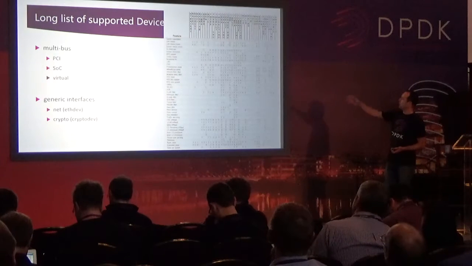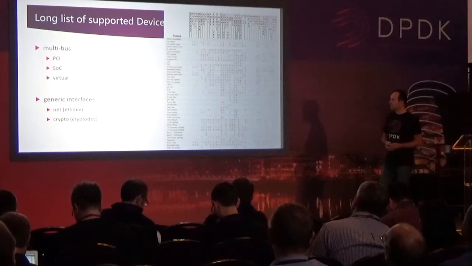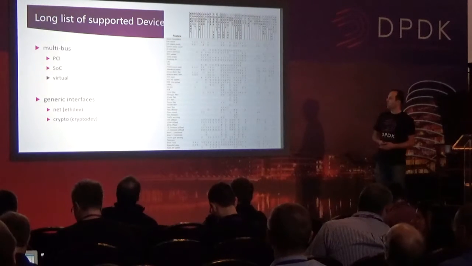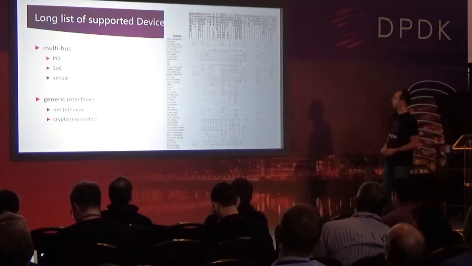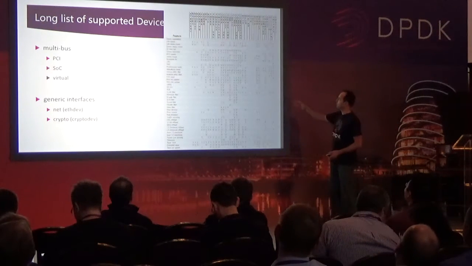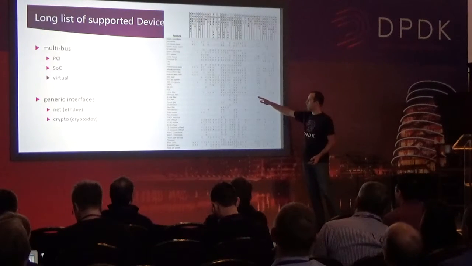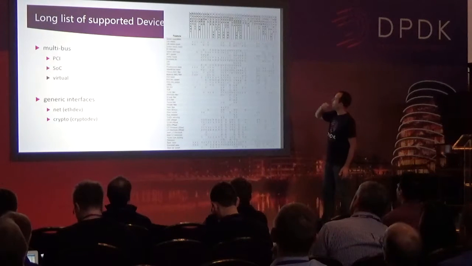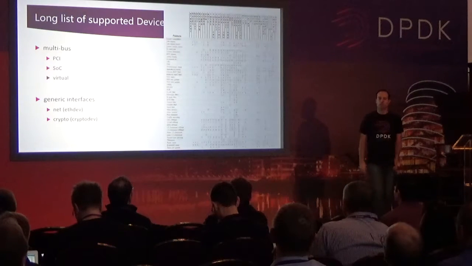Here is a list of drivers for networking, but we also have some drivers for crypto. That's the status. The most important thing to say about this table is that a lot of lines and columns are not filled, and we have almost no feature implemented in every driver, except receiving and transmitting packets.